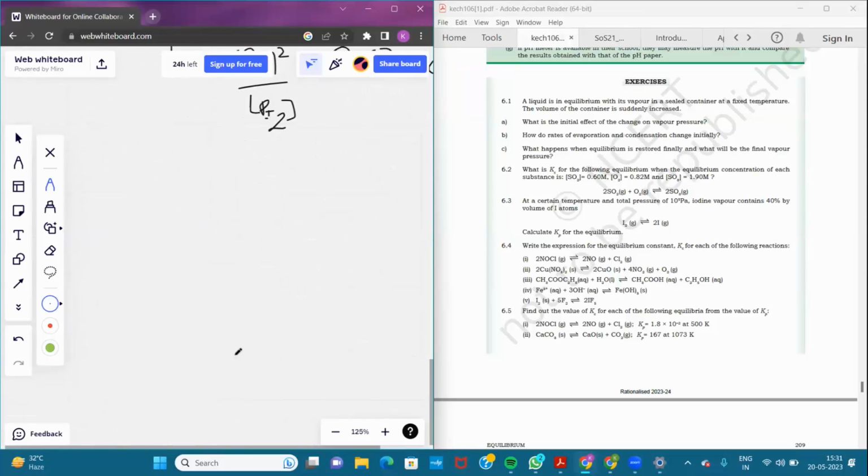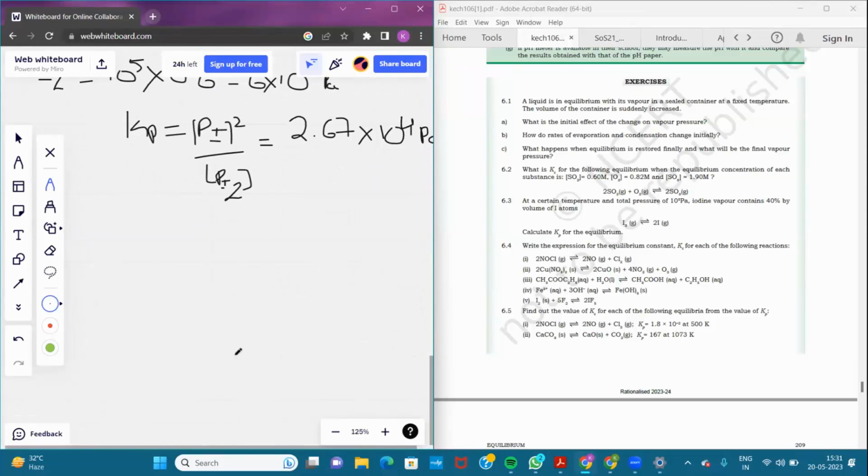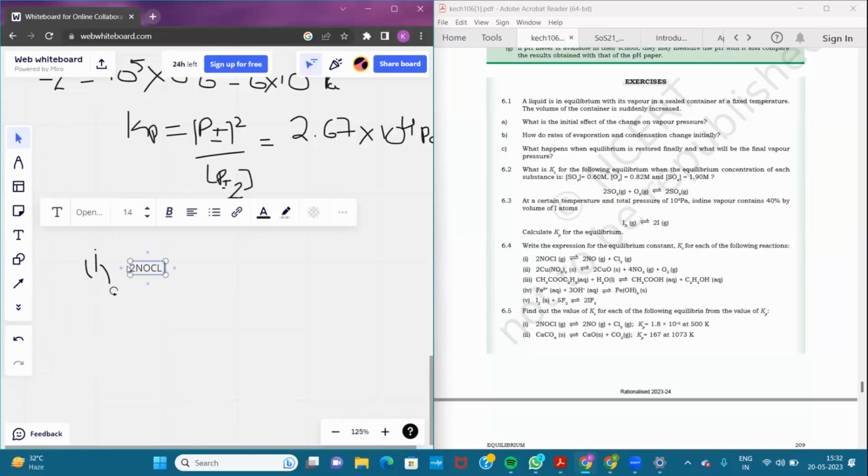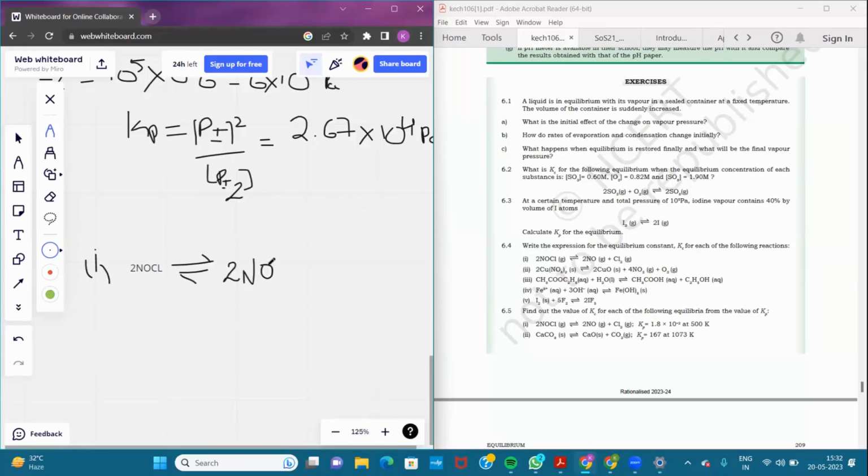We'll proceed with the next question. Write equilibrium constant expressions for the given reactions. For the first part, 2NOCl to 2NO plus Cl2. Here we need to take care, while writing the equilibrium constant expressions, of the states of the reactants and products.